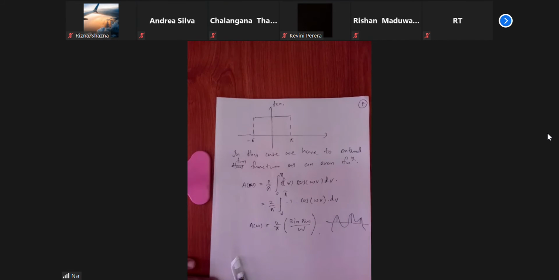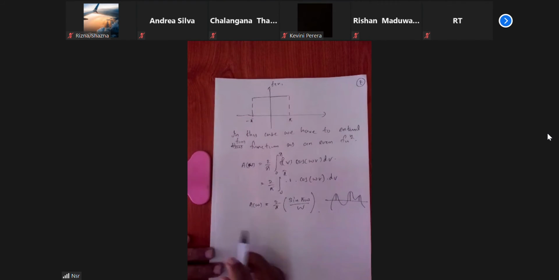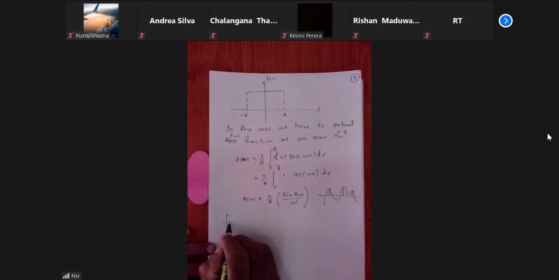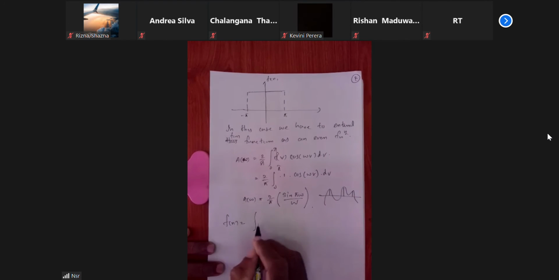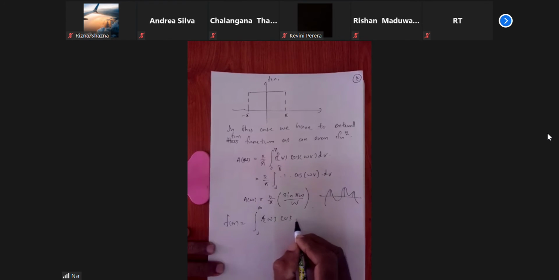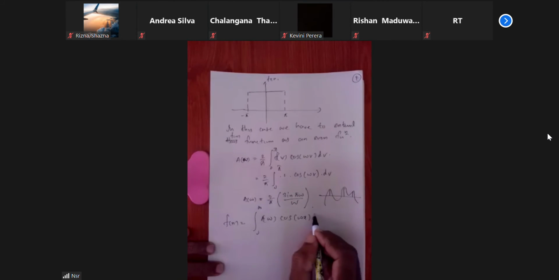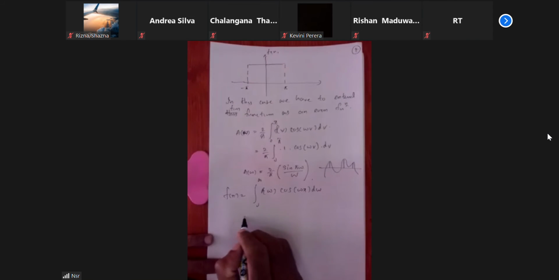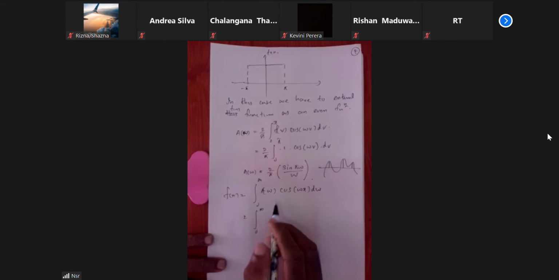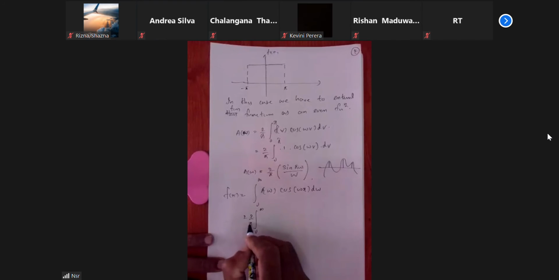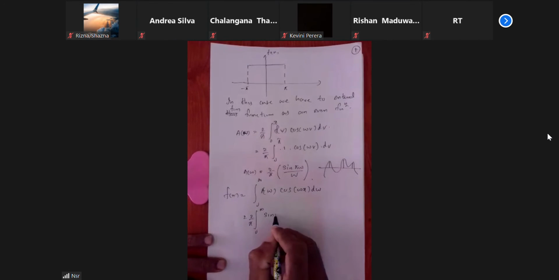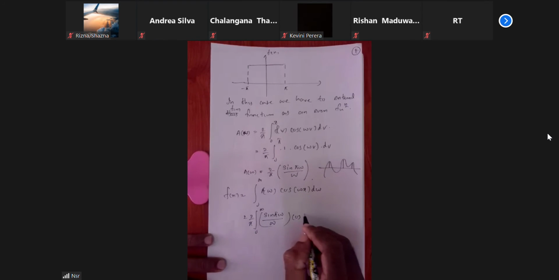Then you substitute that value into the Fourier integral function, that is f(x) equals integral 0 to infinity A(omega) cos omega x d omega. So 2 divided by 5 you can take out, and here we have sine omega 5 divided by omega into cos omega x d omega.